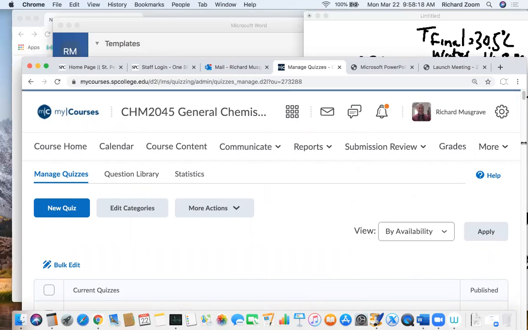See if I can get this mouse to work a little bit better here. Let's try a different port, see if that helps. Give me a second.